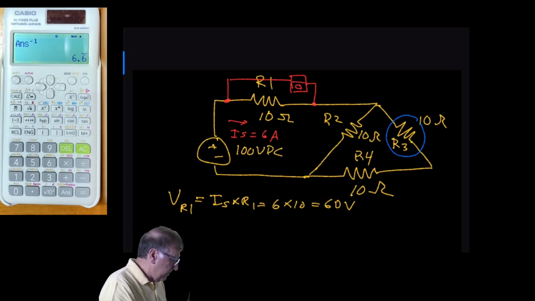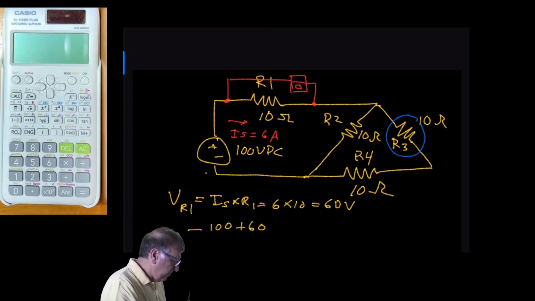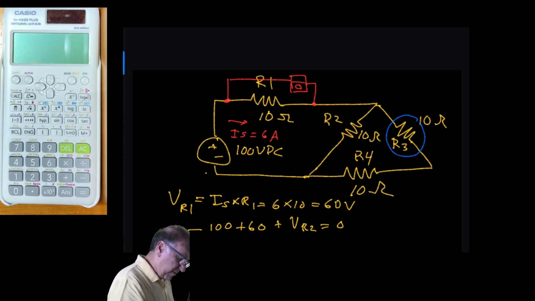Going around the loop here, starting in this direction, we got minus 100 plus 60, which is our voltage across R1, plus voltage across R2 equals 0. So voltage across R2 is equal to 40 volts.